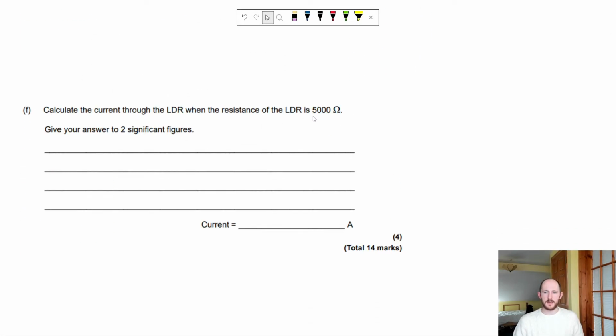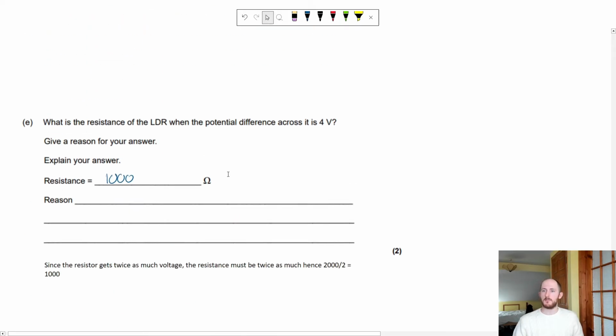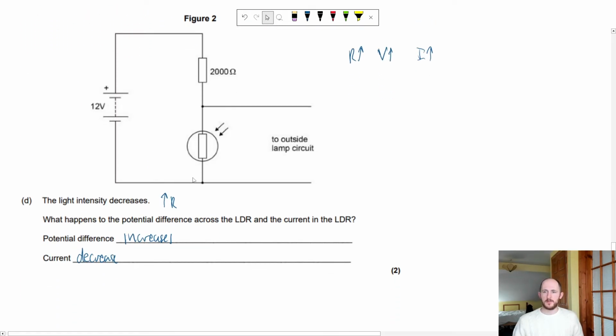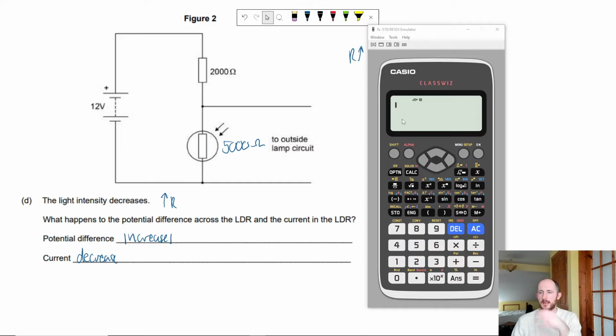Calculate the current through the LDR when the resistance of the LDR is 5000 ohms. Okie dokie. 5000 ohms, yeah? Well, now we can work out how much voltage each of them gets. So the first thing you want to do is get your calculator out. I'm going to work out how many times bigger this resistance is than this resistance.